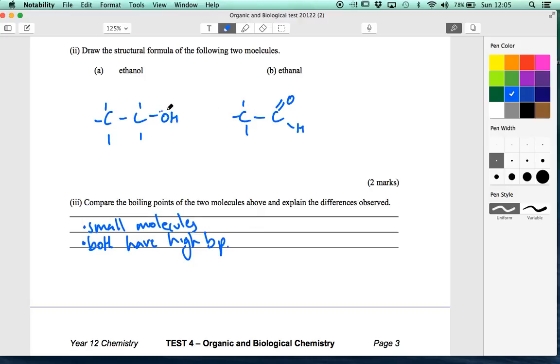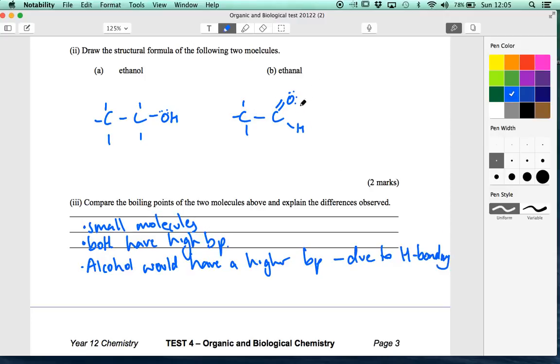So here we have hydrogen sites for bonding. Here we only have, so I would say, even though they're both polar molecules, we have a lot more hydrogen bonding happening at the hydroxy group. So the alcohol would have a higher BP, due to hydrogen bonding.